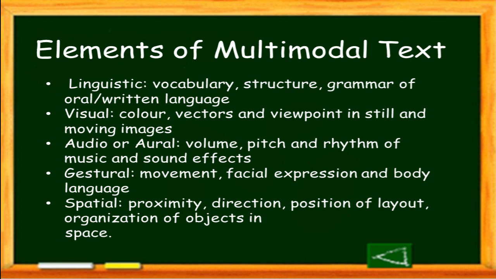Volume, pitch, and rhythm of music and sound effects. Number 4, gestural. Movement, facial expression, and body language. And number 5, spatial. Proximity, direction, position of layout, organization of objects in space.